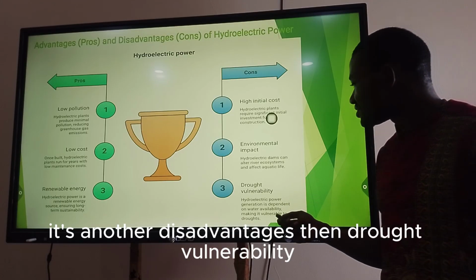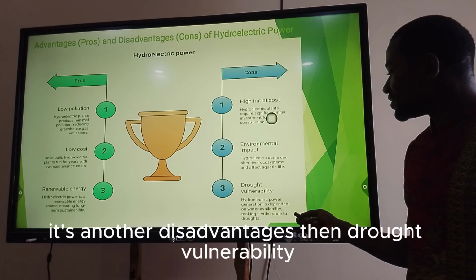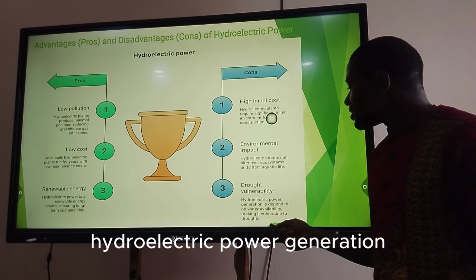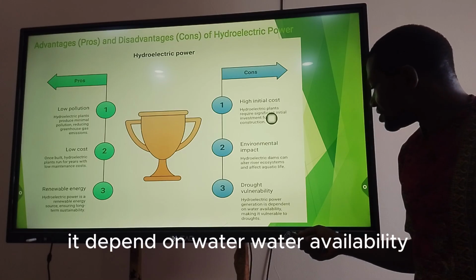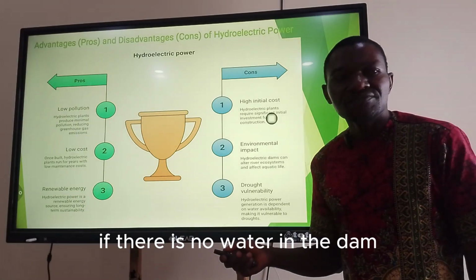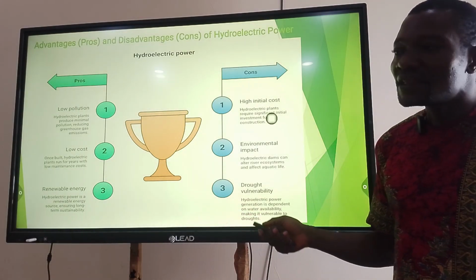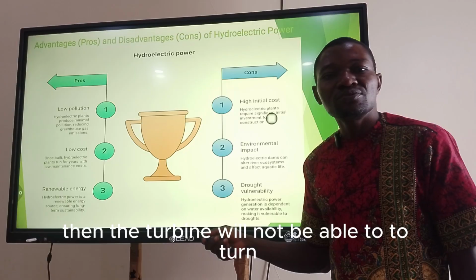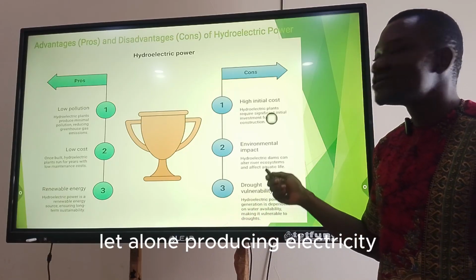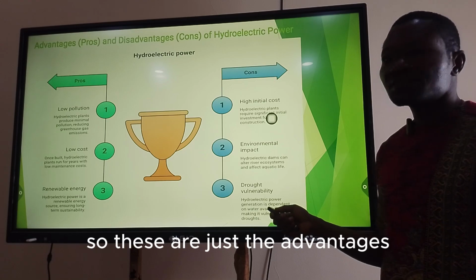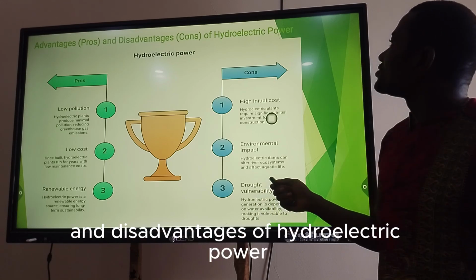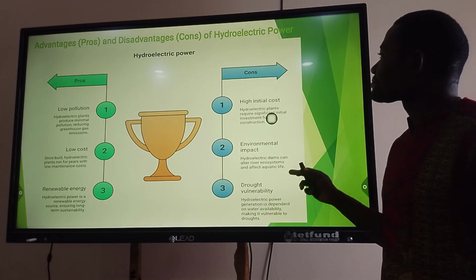Then drought vulnerability. Hydroelectric power generation depends on water availability, making it vulnerable to drought. If there is no water in the dam, then the turbine will not be able to turn, let alone produce electricity. So these are the advantages and disadvantages of hydroelectric power.